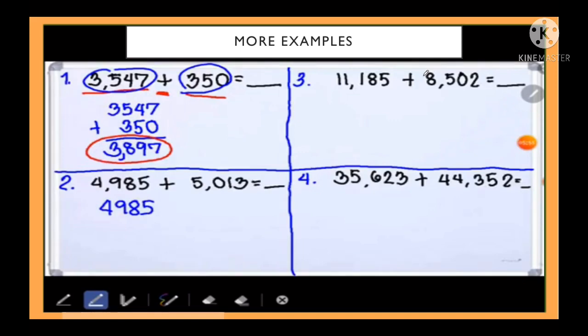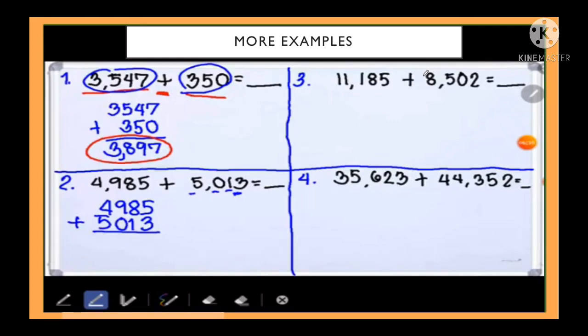How can we write 5,013 on the lower part? We will start with the ones place. Very good. So I will copy first the 3. Okay? So 3 will be placed here since 5 is also the ones place. And then 1. And then 0. And then 5.